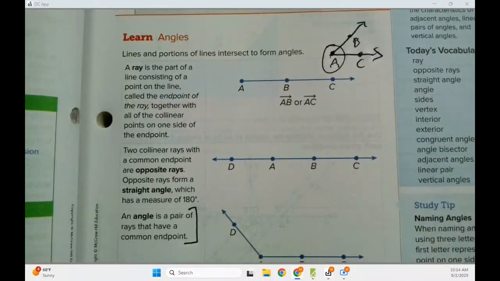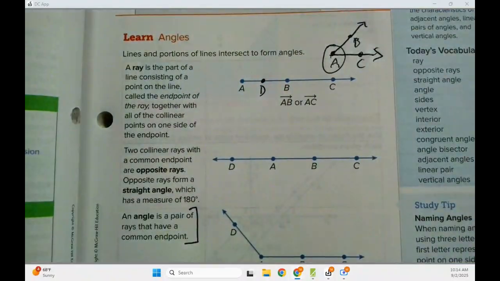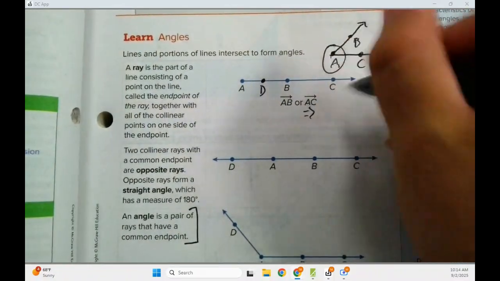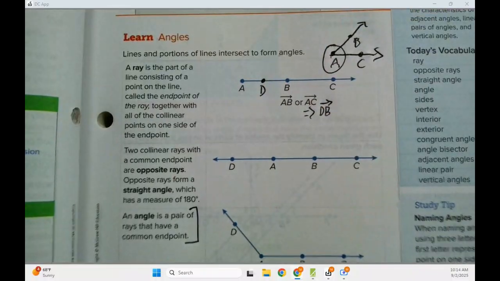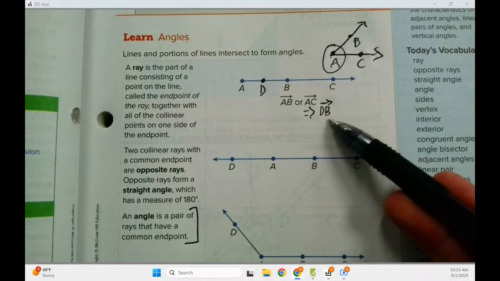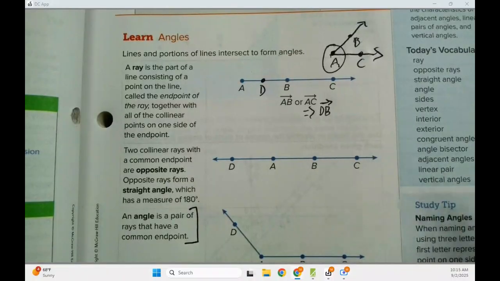First period had this interesting question. Let's say I had a point D, like that, right? Is this the same thing as DB? Is that the same thing? Maybe if it was a line going backwards and forwards, right? But how do I know that A is involved here, my endpoint? How do I know that that's my starting point?